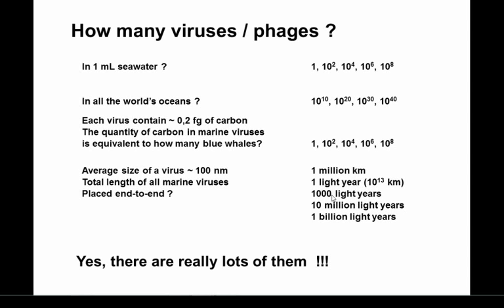So you have an ecological food web which goes from primary producers all the way up to predators.